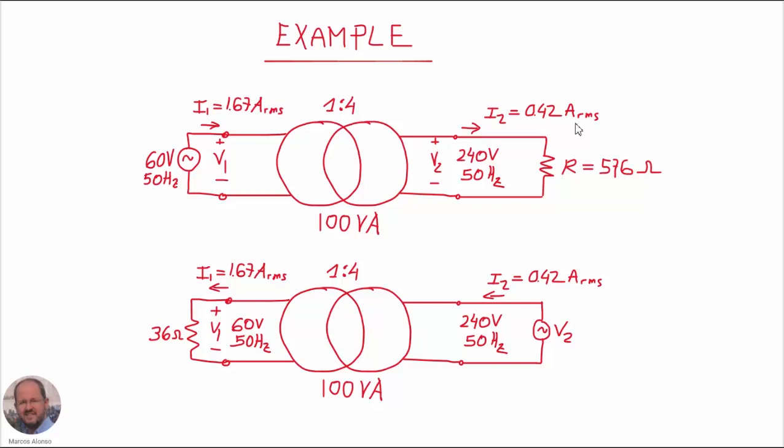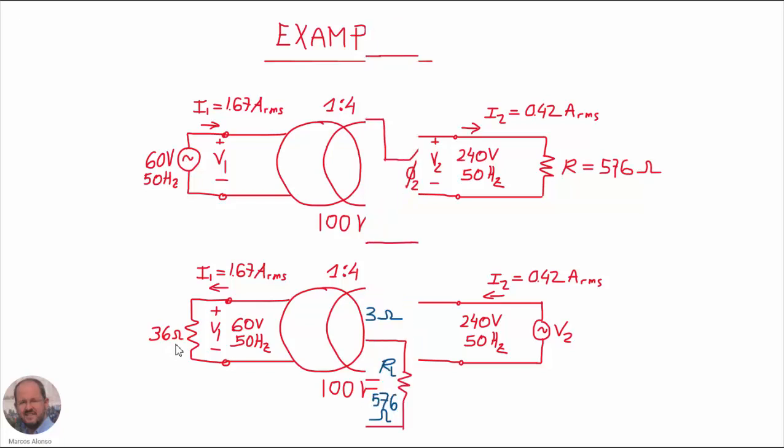This is the value of the output current and the value of the input current in this situation. And of course, our transformer can also operate applying voltage at the output, 240 volts, and then it will generate 60 volts at the other side, and the nominal load for 100 volt-amperes will be 36 ohms. So let's see how to design this transformer.